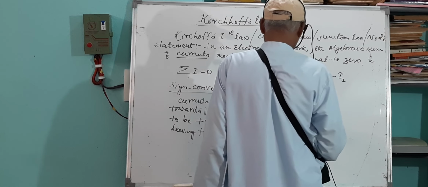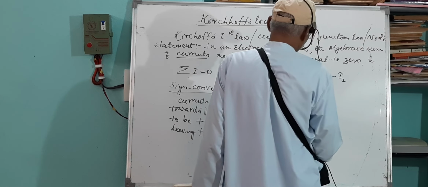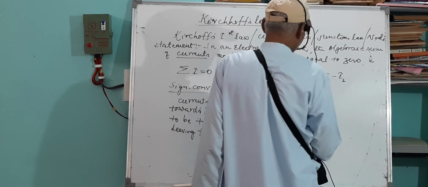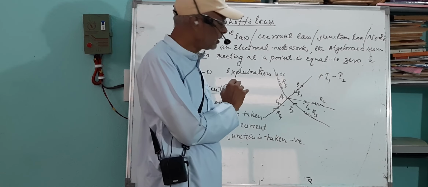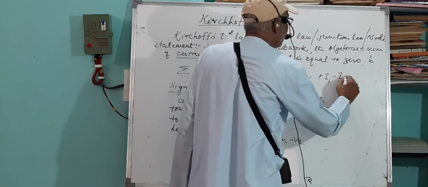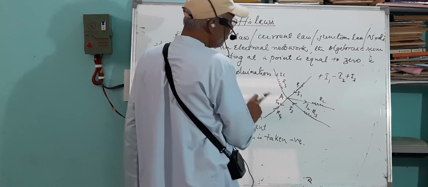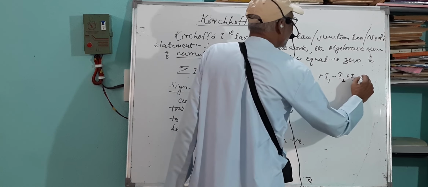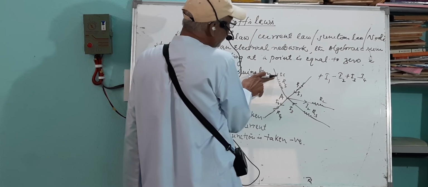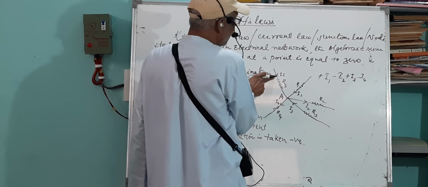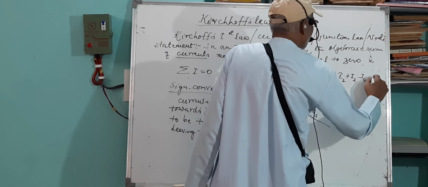In the third branch, current is coming toward the junction, so it is taken to be I3. Similarly, in the fourth branch, current is leaving from the junction, so it is taken as minus I4. Whereas in the fifth branch, current is coming toward the junction, so it is taken to be positive.